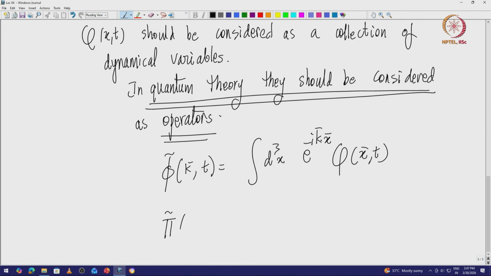Similarly, pi tilde of k, t is the integral d cubed x of e to the power minus i k dot x times pi of x, t. For both the field and its conjugate momentum field, you can think of the operators in k space, phi tilde and pi tilde.